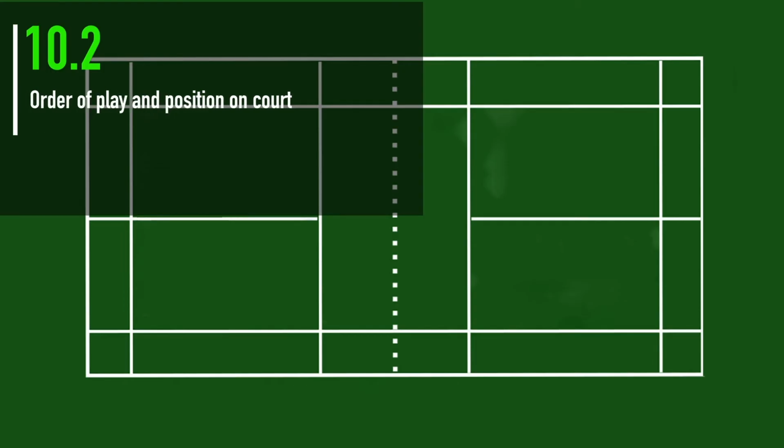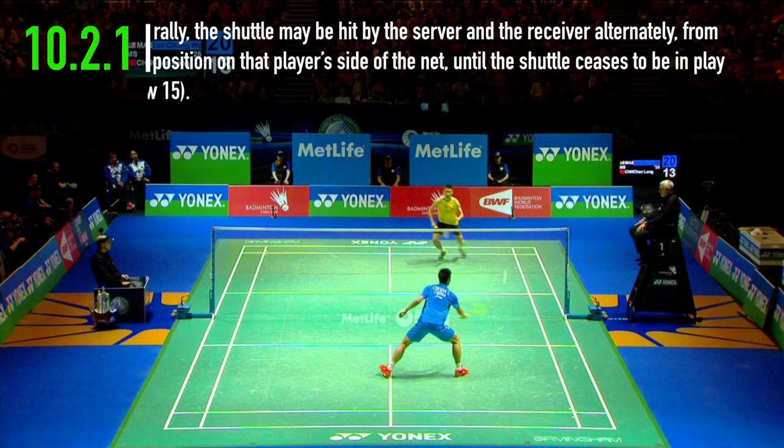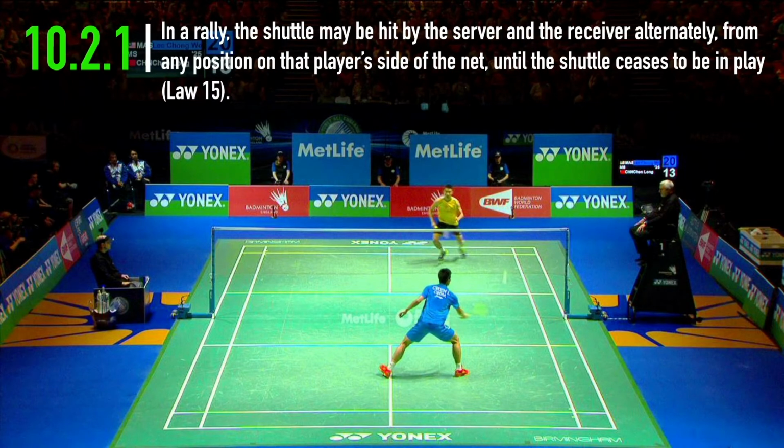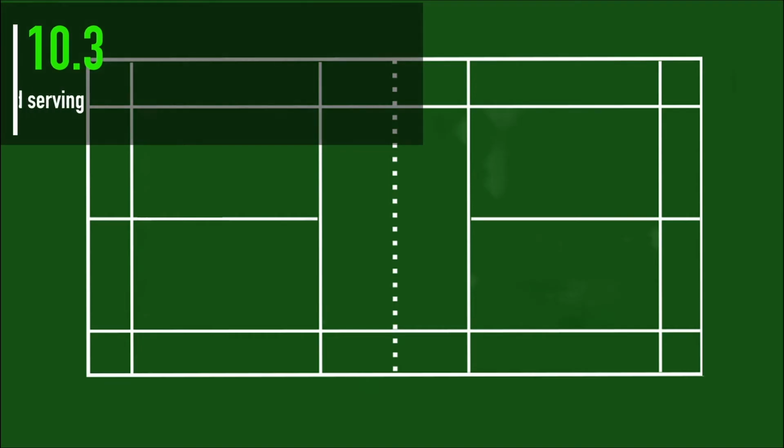10.2. Order of play and position on court. 10.2.1. In a rally, the shuttle may be hit by the server and the receiver alternately from any position on that player's side of the net until the shuttle ceases to be in play. 10.3.